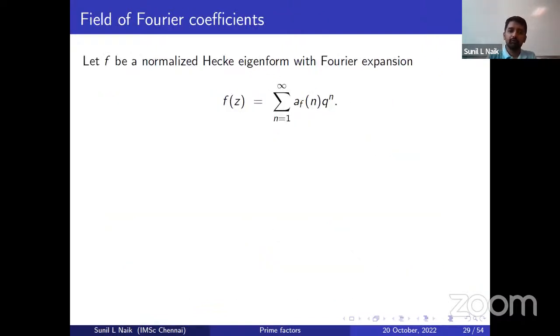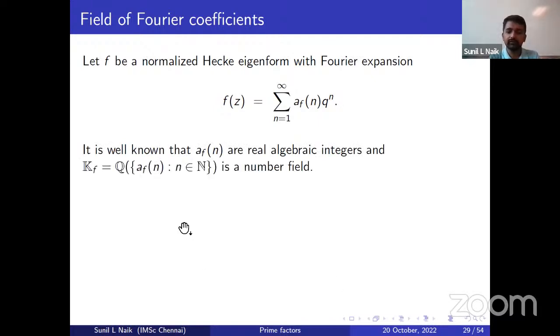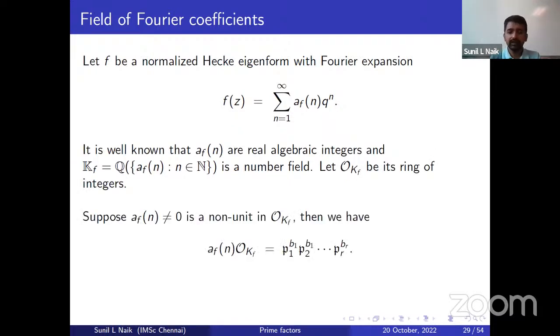Let f be a normalized Hecke eigenform with Fourier coefficients f(n). As mentioned earlier, f(n) are real algebraic integers, and the smallest field containing these coefficients, K_f, is a number field. Let O_Kf be the ring of integers of K_f. Suppose f(n) is not equal to 0 and it is not a unit in O_Kf, then the ideal generated by f(n) in O_Kf factors into a product of prime ideals.